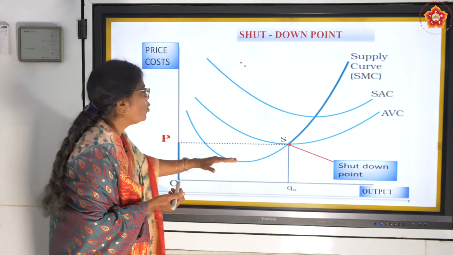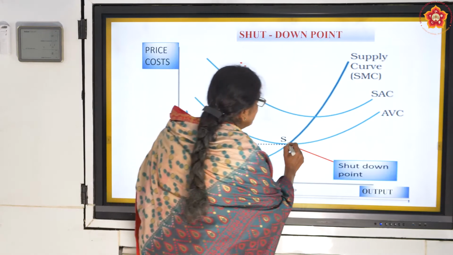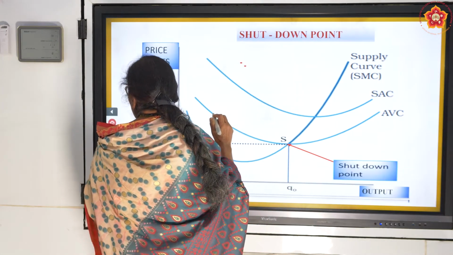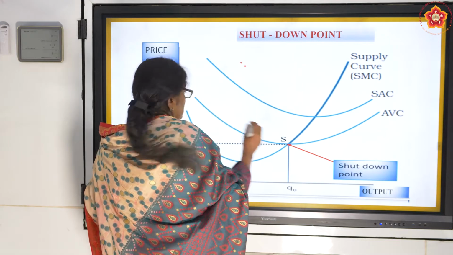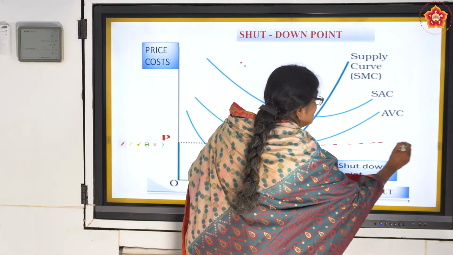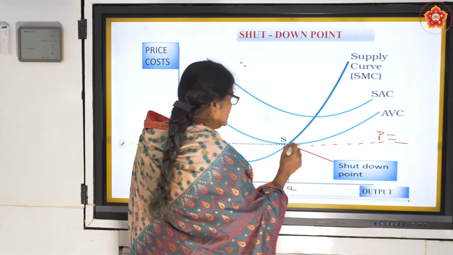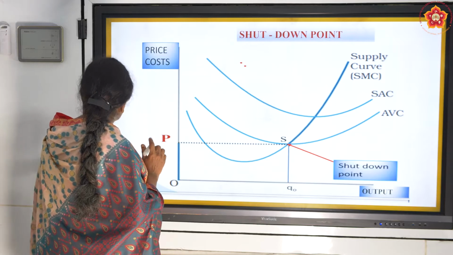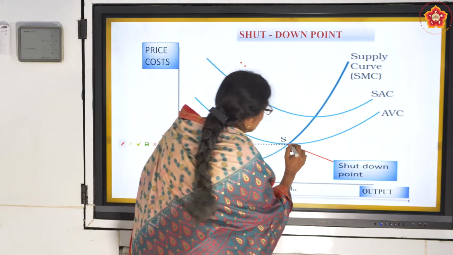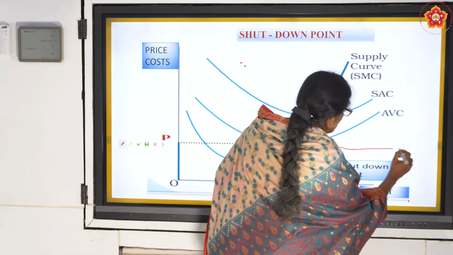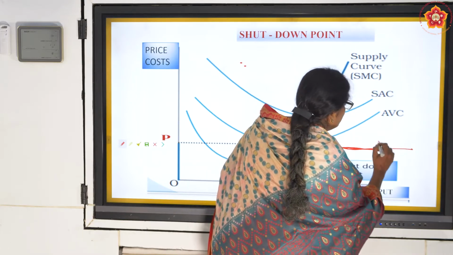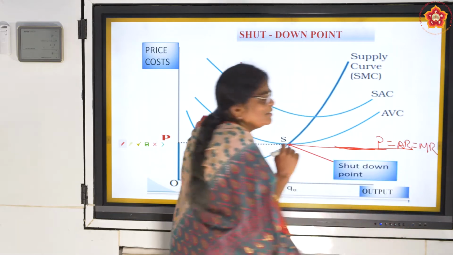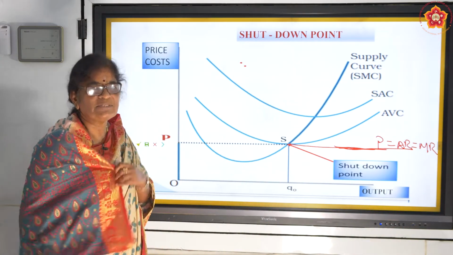If price or AR, this curve goes like this. This is the price line, it's a parallel line. It's not a line that goes like this, it's a parallel line. Parallel line, P is equal to AR is equal to MR. Always remember that. But we are studying the perfectly competitive market structure.